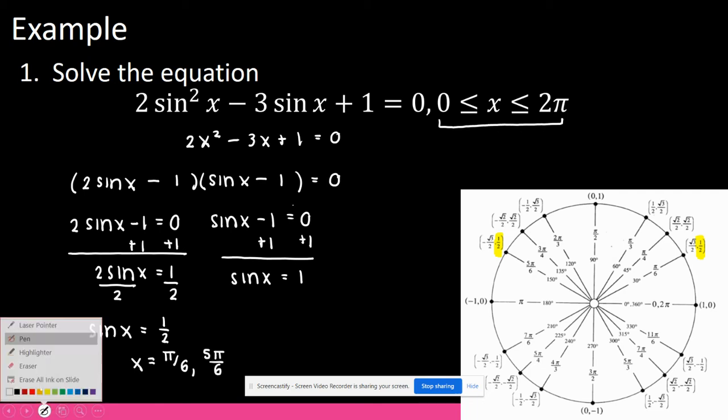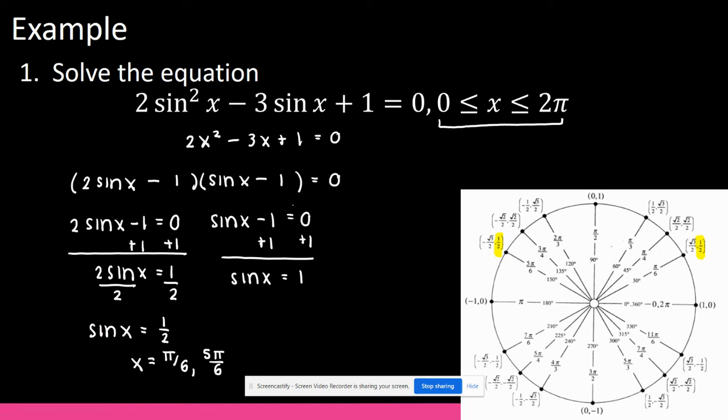If I want to know when the sine of x equals 1, once again, we're talking about the second value in our ordered pair. So it's going to be just at one spot up there at pi over 2. And so these would be the three solutions to this equation.